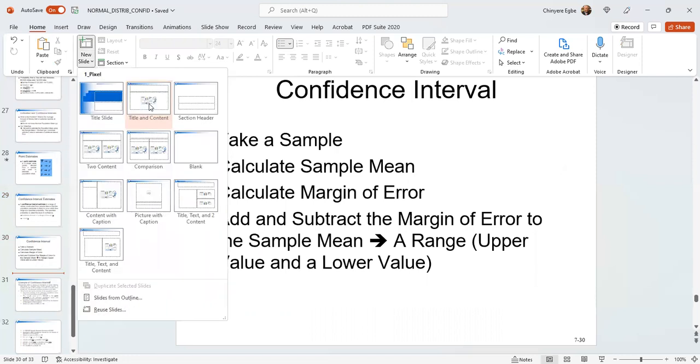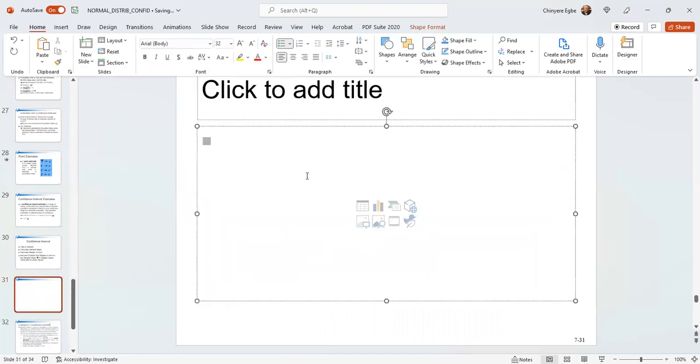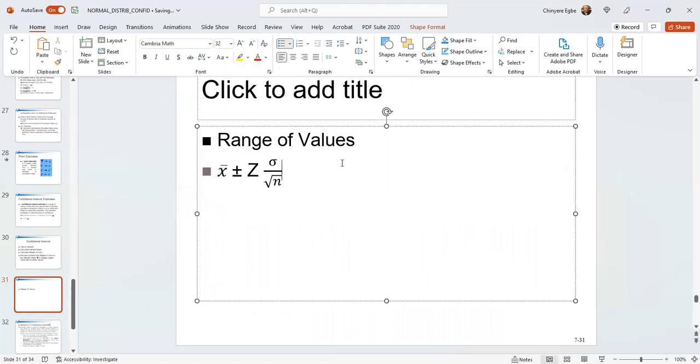We're going to have the range of values, X bar plus that, and X bar minus that.